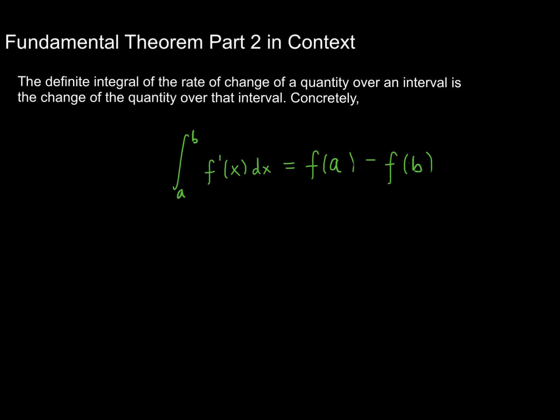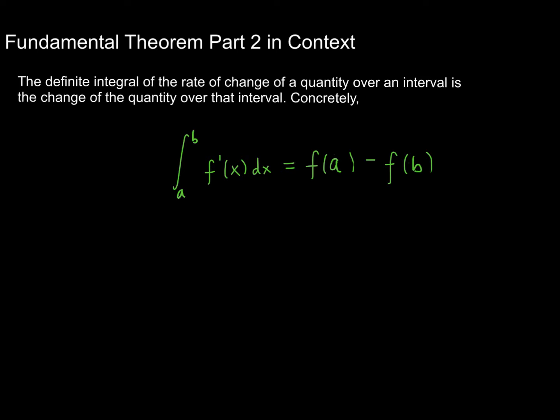So concretely, if I have some function f, which represents the amount of a quantity at any time, then the definite integral from a to b of its rate of change, f prime of x dx, is simply equal to the change in that quantity from a to b. In other words, lowercase f at a minus lowercase f at b. And this is for any quantity that I have.